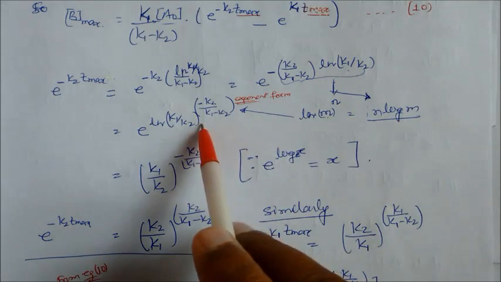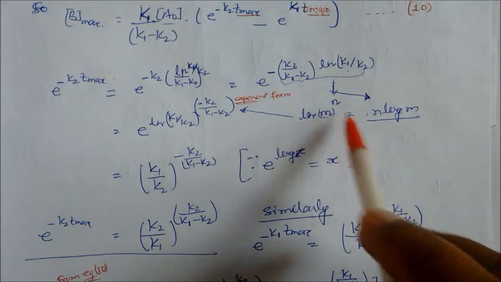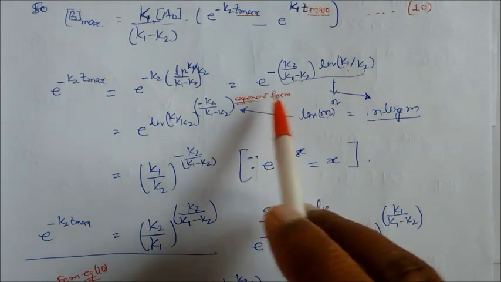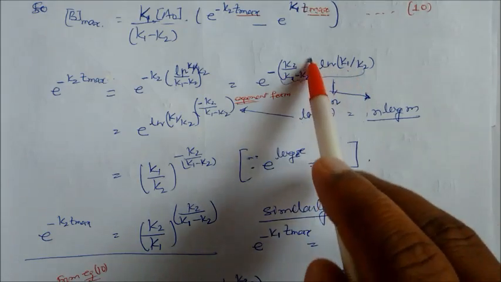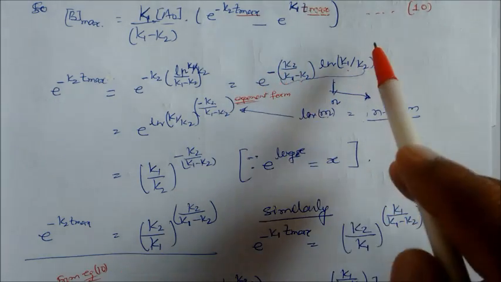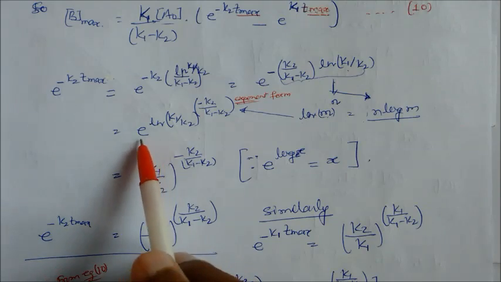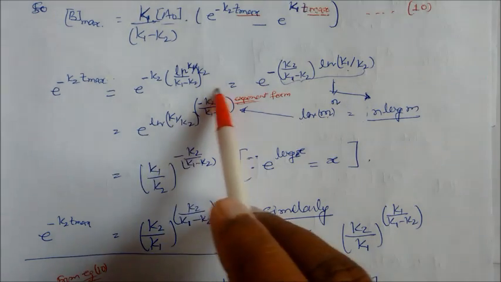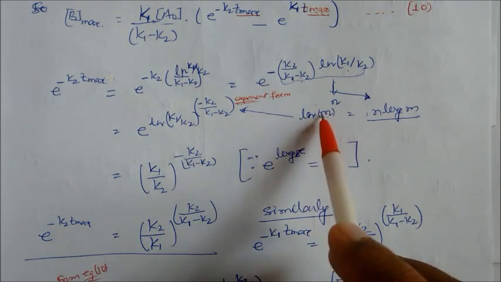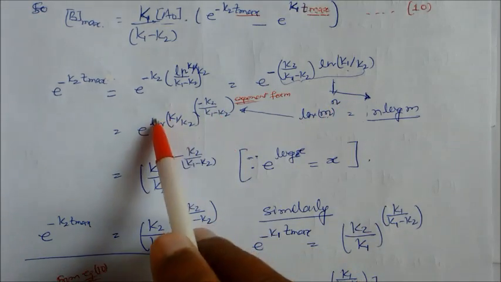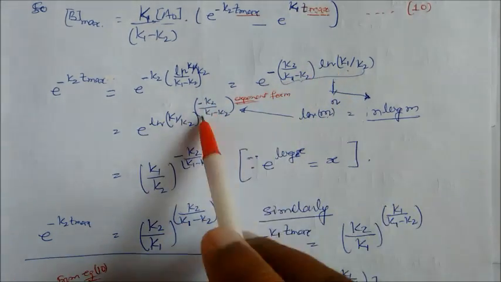This is natural logarithm m to the power n, so n log m. You can see here this is the log m, so we can put the whole thing as the power of m. So we write e to the power n logarithm m, where n is converted into this power. Just see carefully both here.